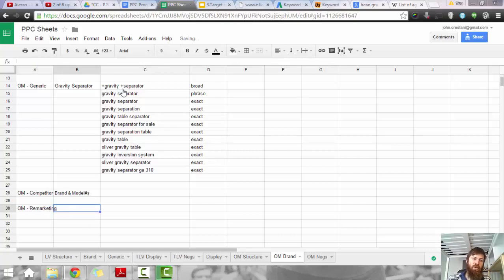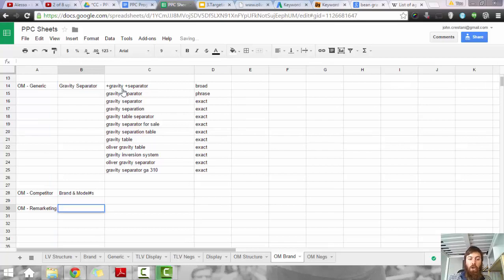We'll go over it in a different section, but with a remarketing campaign, you're just targeting an audience. Then there will be no display campaign for this, because with a B2B company like this, it's way too targeted for display advertising to have much of an effect.